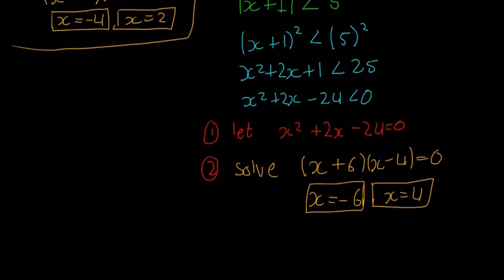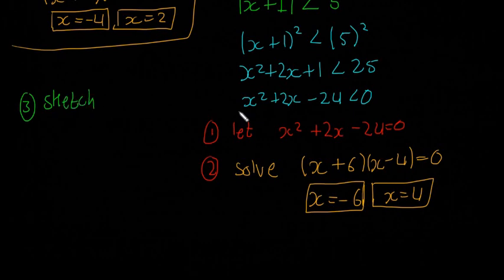Then step 3 is to sketch it. We sketch x squared plus 2x minus 24, and we know that it hits at -6 and +4. It's going to be a U shape, something like that.